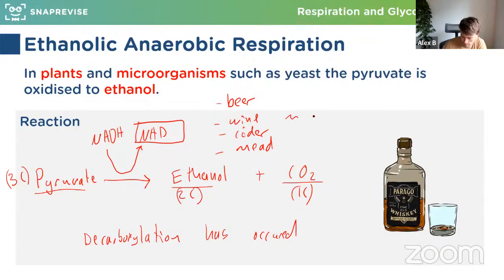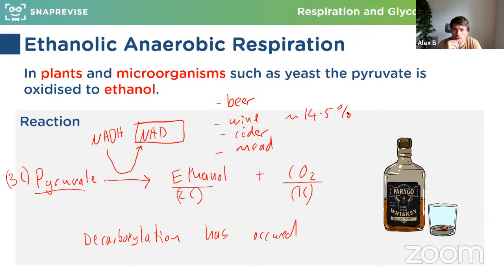So it's maximum around 14.5%, 15%. If you want to make stronger stuff like spirits, you need to distill the alcohol, and that's where you just concentrate it. You can't just make vodka or tequila directly with the yeast. You need to distill it.